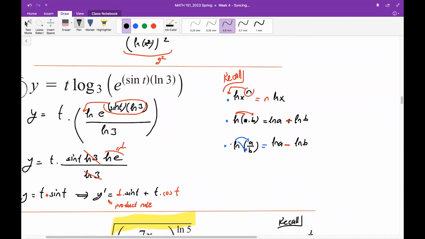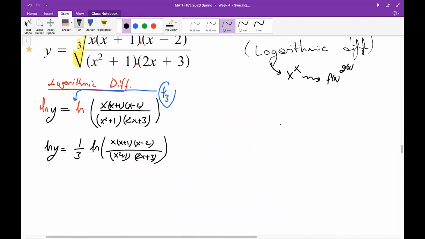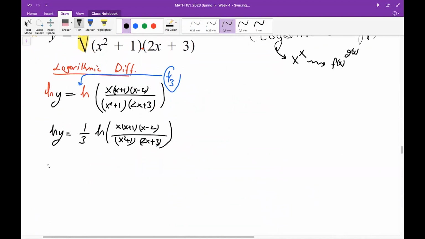You can distribute ln to quotients like this by putting minus and to products like this by putting plus. Okay, let's use them in our example. So ln y is in fact 1/3 times ln of the numerator minus ln of the denominator, of course.